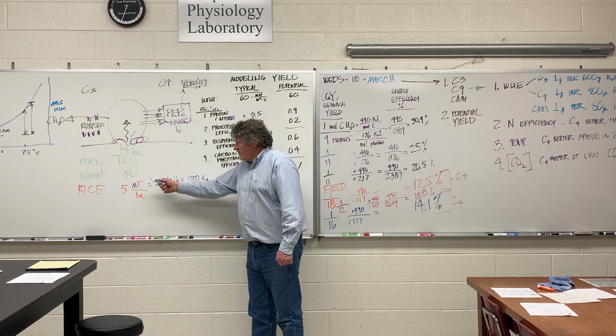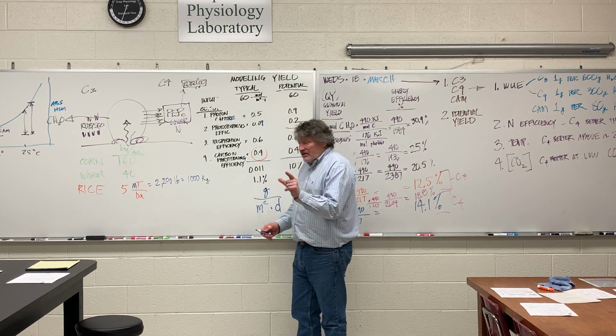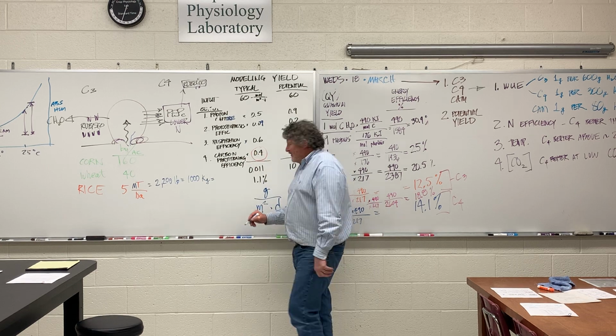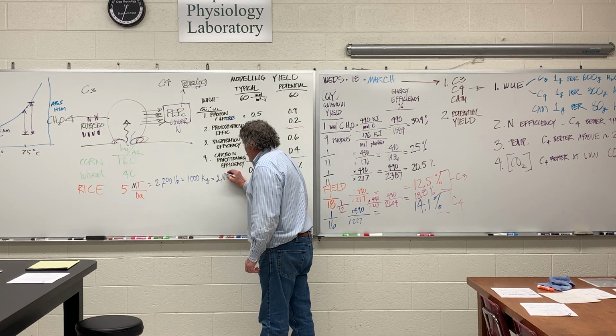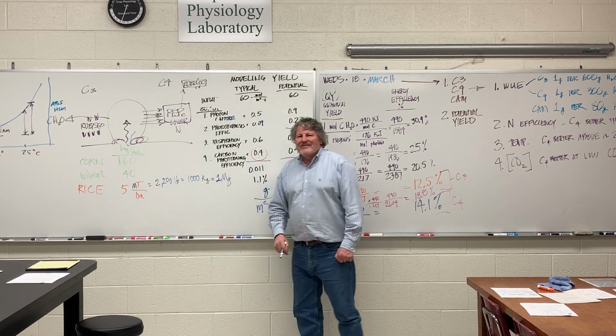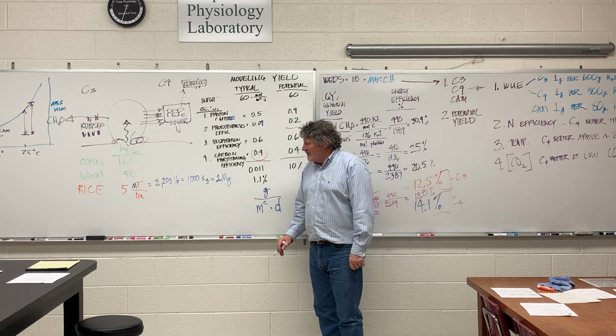So 1,000 kilograms, we just call that a metric ton. What we should call it in SI units is 1 megagram. If we just use that, everybody will know what we're talking about, but it's a metric ton.